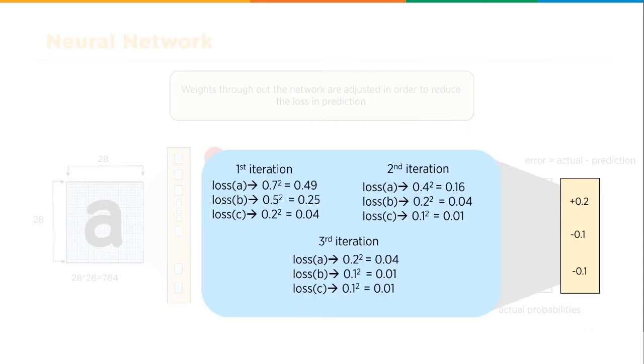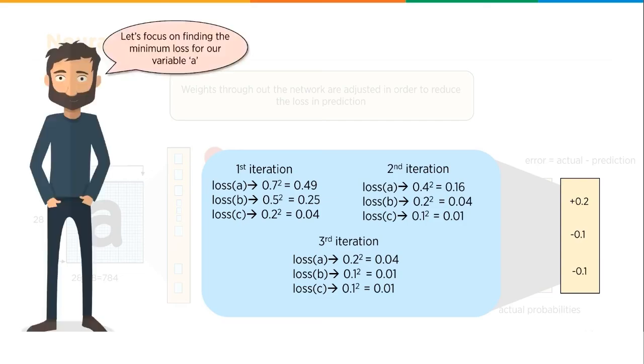So now we have our first iteration, so weights throughout the network are adjusted in order to reduce the loss in prediction. Now, of course, we do that by doing a second iteration coming through with different losses on there. And then the weights throughout the network are adjusted again in order to reduce the loss of prediction, and we do a third iteration. And we just keep doing these iterations going back until we get the right value.